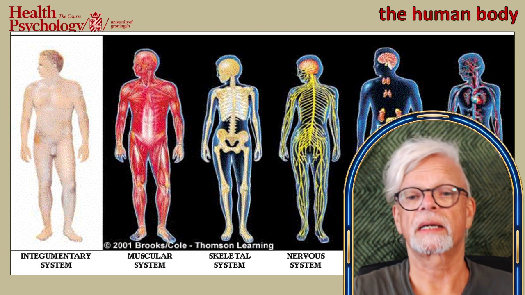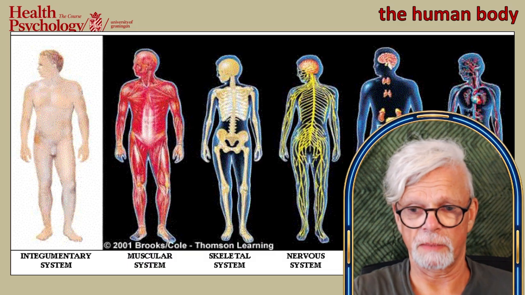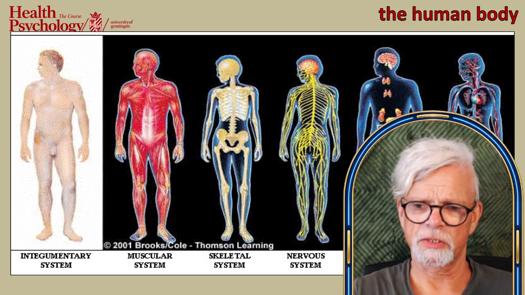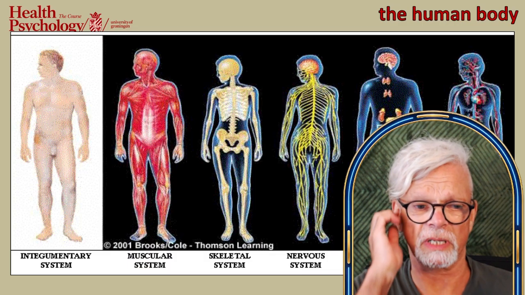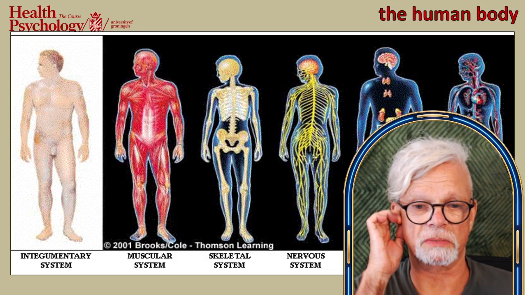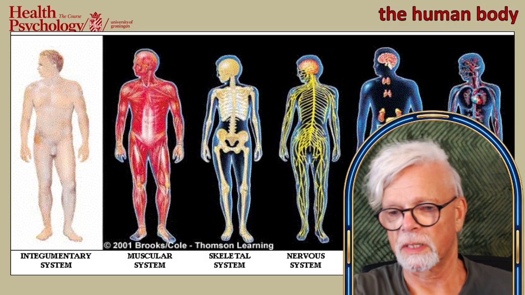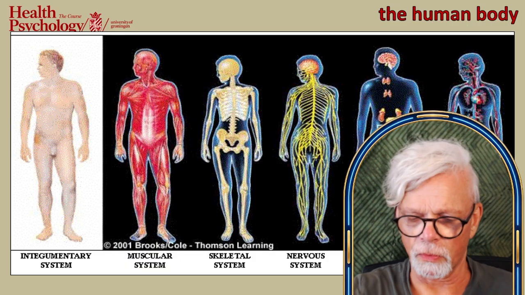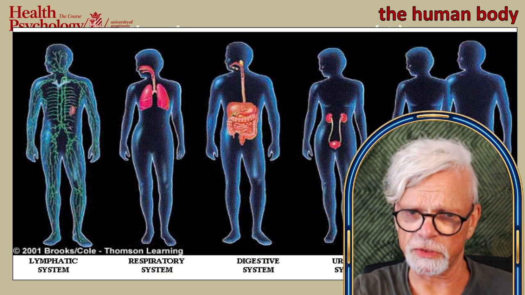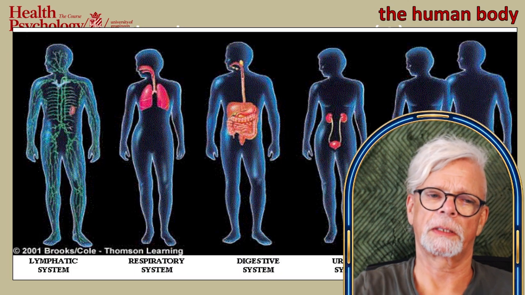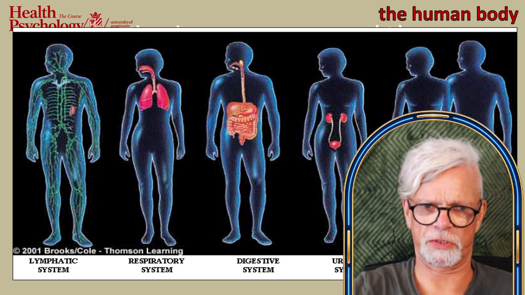So let's take a look at the human body. The human body is built up from several physical systems, like the muscular system, the nervous system, and the endocrine system. All those systems have optimal functioning and not optimal functioning.